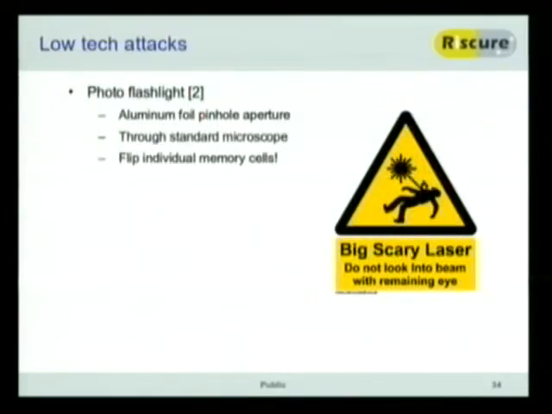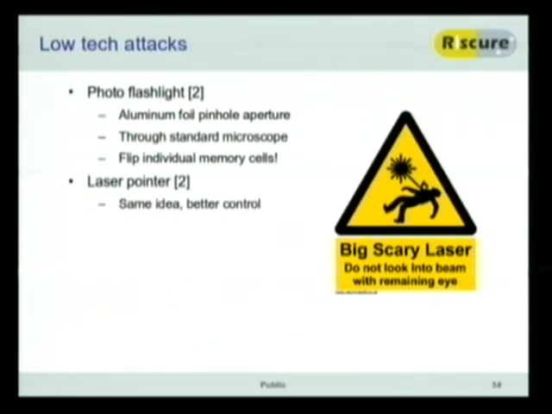Now there's a number of low-tech attacks out there. One is using the photo flashlight that I mentioned. You can also use this when the chip is opened up, with an aluminum foil with a hole in it, and you can use this to flip individual memory cells. You can use a laser pointer as well. Same idea, you have better control over where your light is going.